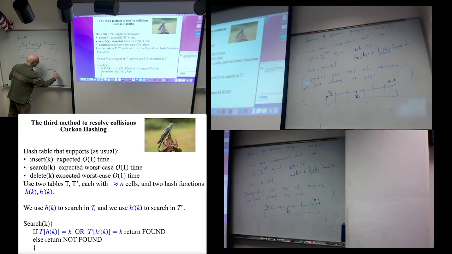Insert x4, and h1, the first hash table, of x4 happens to be 2 once again. So it collides with x3, and once again, x3 is going to be removed, and x4 is going to take its place.